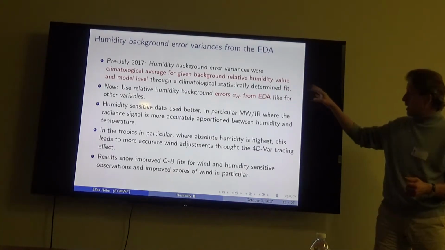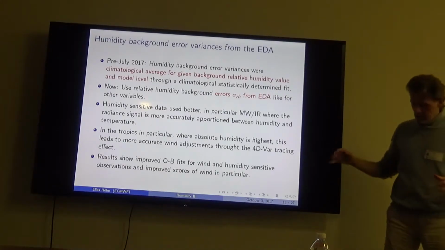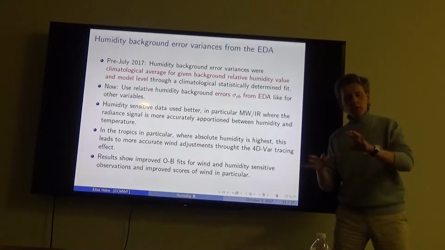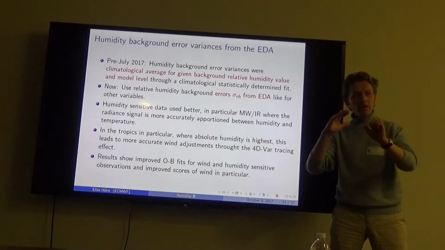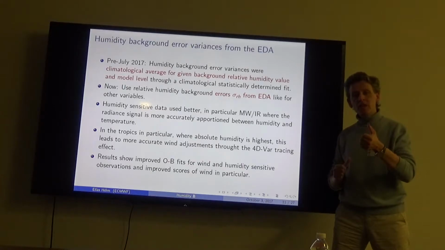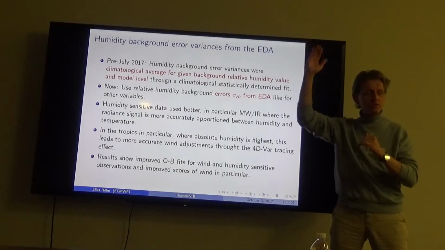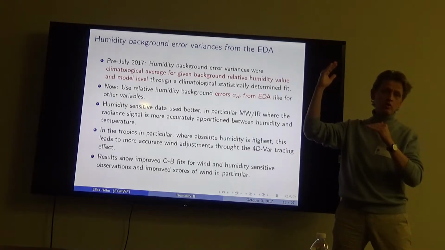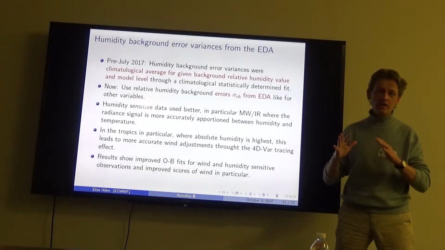What was in operations up until July 2017 was that we did have a flow-dependent formulation for the humidity variances, but it was based on the climatological average variance for a given model level and a given relative humidity. That gives you a lot of flow dependency, but it gives you climatological average flow dependency, so it's never going to capture the extremes. It's not too bad though, because for the background errors, it's actually better to have too small a background error than too large. So our error was on the safe side, so to speak.